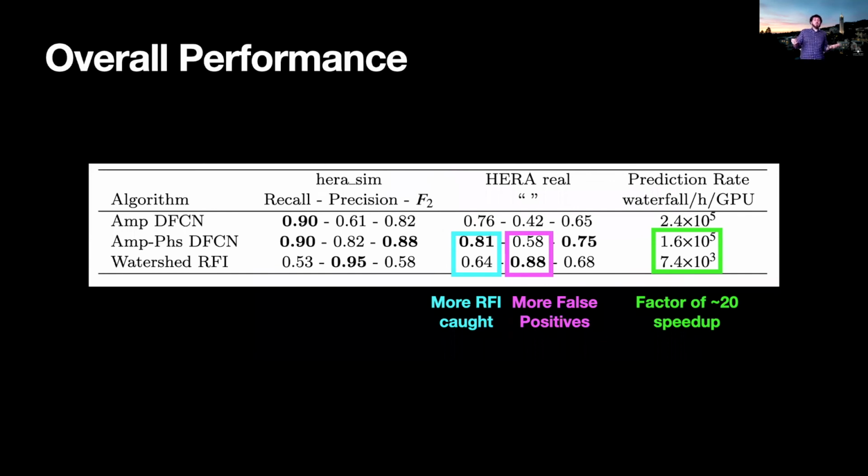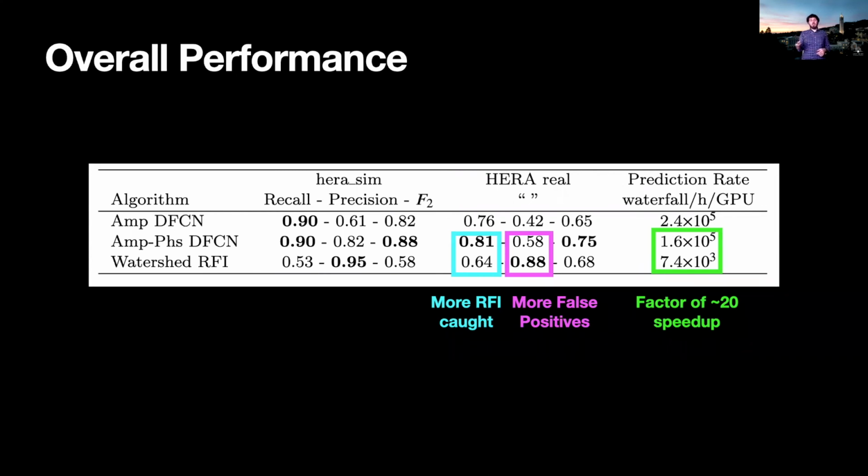This is a more quantitative look at it. The middle is, again, the amplitude and phase convolutional network approach. The bottom is the current RFI flagger. And you see, in magenta, you pay a small price of having more false positives, but importantly, in blue, you catch much more of the actual RFI. And so it's much more accurate.